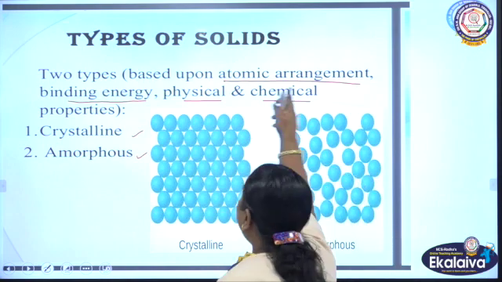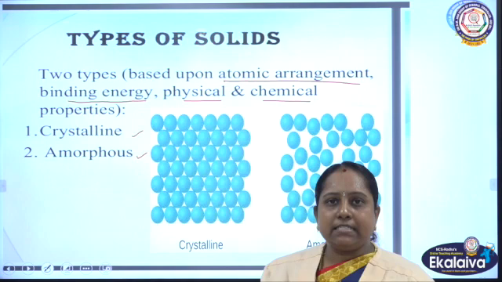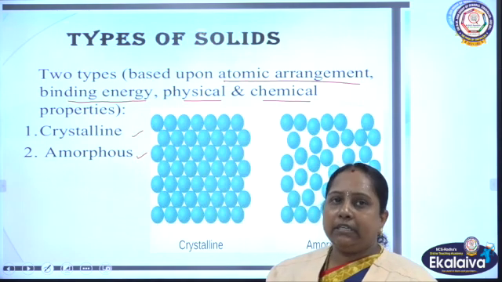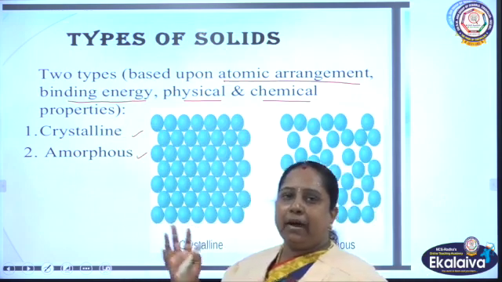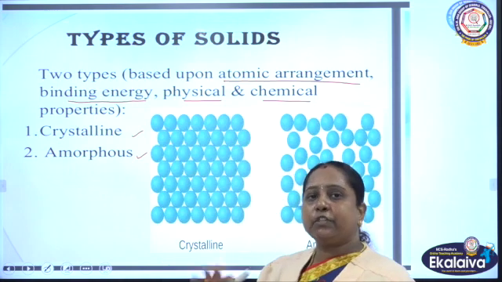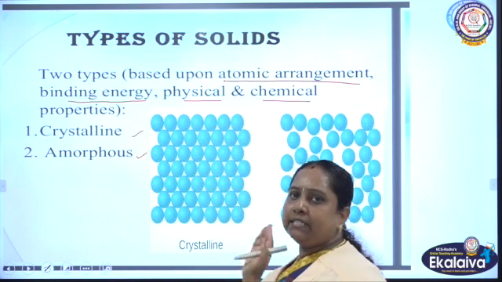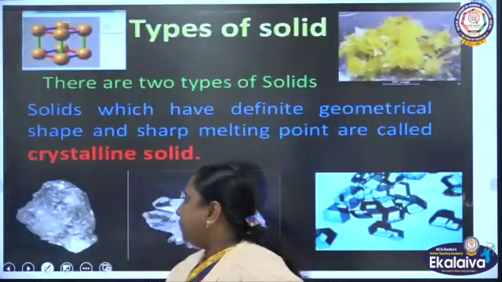Using the atomic arrangement, how the atoms are arranged, whether the particles are arranged regularly or in an irregular arrangement, and based on binding energy between the particles, and also physical and chemical properties. With all these categories, we can classify the solids into two main types: crystalline solids and amorphous solids.